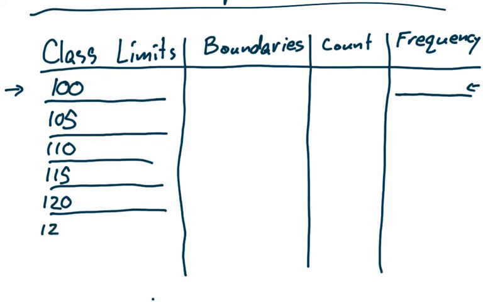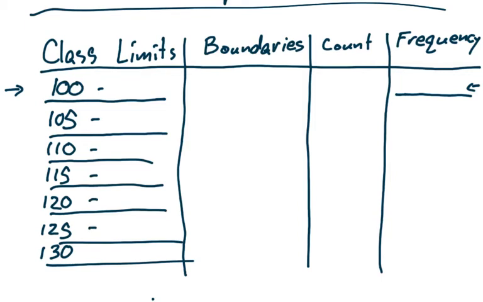Okay, so 125, 130, and let's see, I think that is 7 values. 1, 2, 3, 4, 5, 6, 7. Yes, perfect. All right, now the upper limits, a little bit more difficult for me to think about. They're not hard, they just kind of trick me sometimes. So here's what I always do. I always determine the lower limits first.